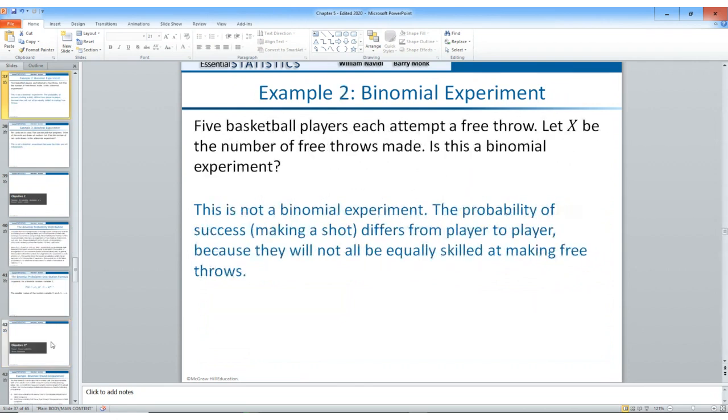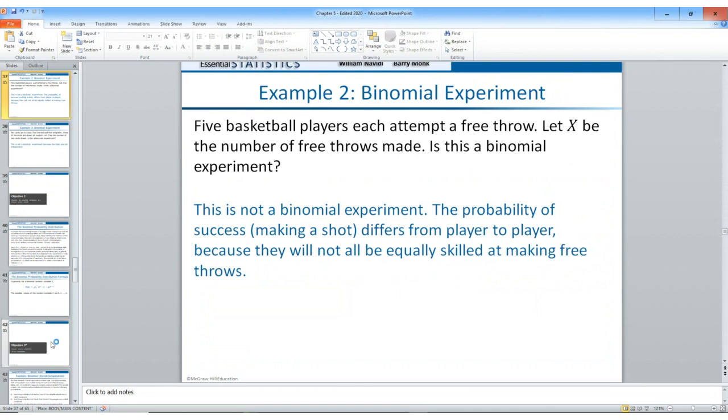Now they give you this one, and this is a good example, because before the coronavirus thing, I was watching basketball, and I guess I had never thought about this, but basketball players are not all equal when it comes to free throws. All right. Some of them are very good at making free throws, like 80%, and some are like 30%, folks.